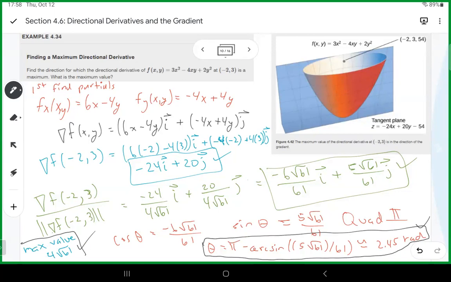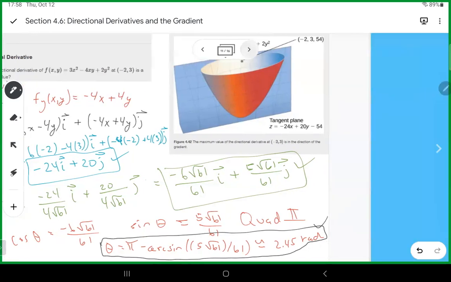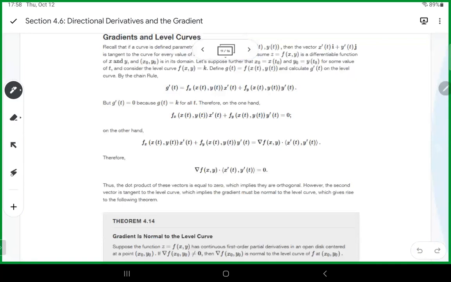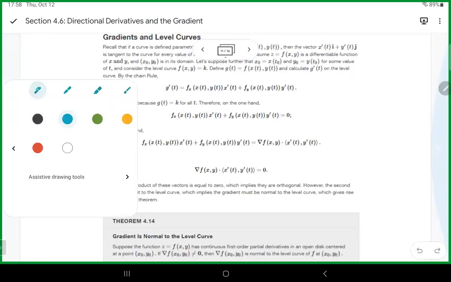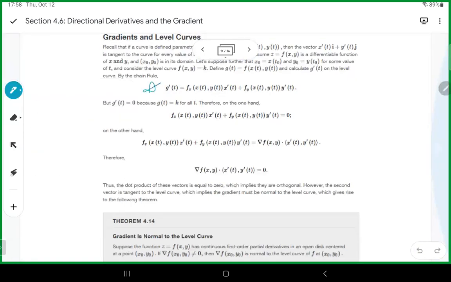All righty. Okay. All right. So you guys can take a look at this closer on the PDF. Just trying to get us through a little bit quicker.